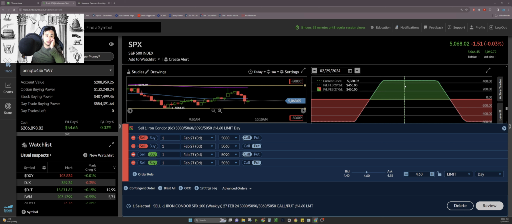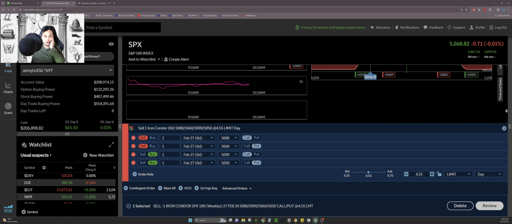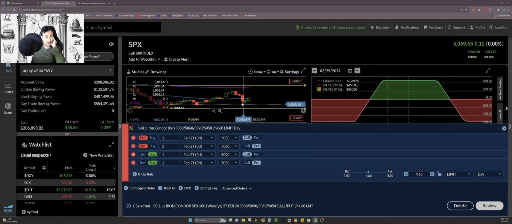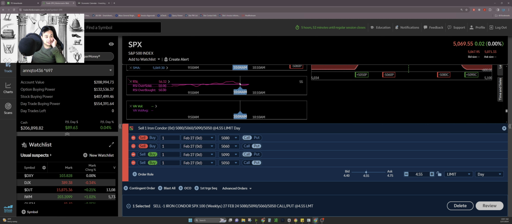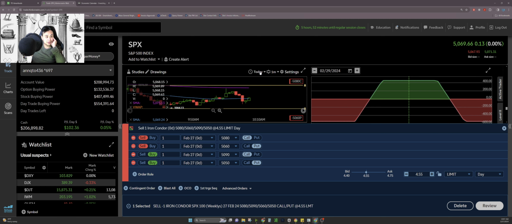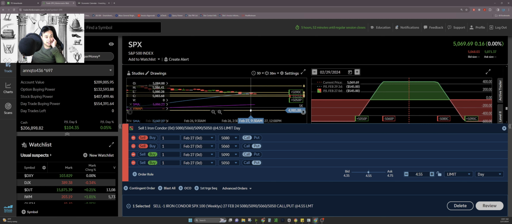It's going to be about $460 versus a $500 loss, so a 1-to-1 ratio. And our break even will be 5,055. 5,055 is somewhere. Let's zoom out. Let's look at a 3-day.